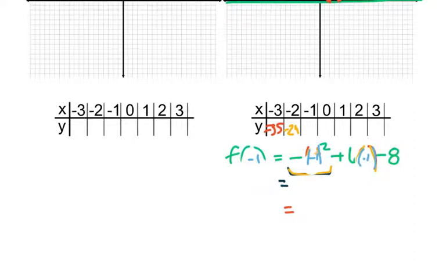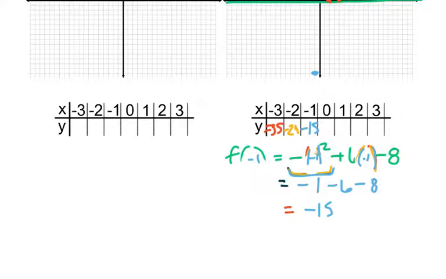Good thing we went over order of operations, we have negative 1 squared, which is 1, and then we have to make it negative. Negative 1 times 6 is negative 6, and then negative 8. So it looks like we'll have negative 15, which I think means that I can graph that. So apparently down here is negative 15. So negative 1, negative 15 is our first piece there.